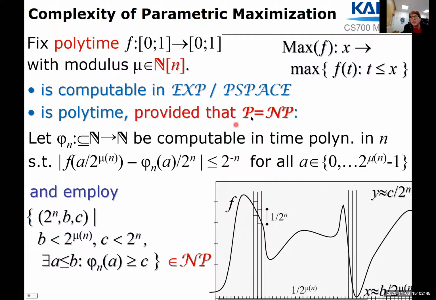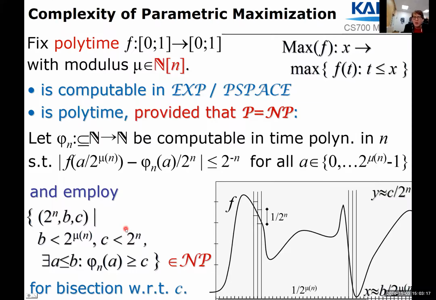And under the hypothesis that P is equal to NP, each such check of whether for a given C this triple belongs to the set or not can be performed in polynomial time. More uniformly, imagine an algorithm that repeatedly makes an oracle call to this NP problem, or, as I said, under the hypothesis that P is equal to NP, that oracle call can be replaced by an actual polynomial time computation.